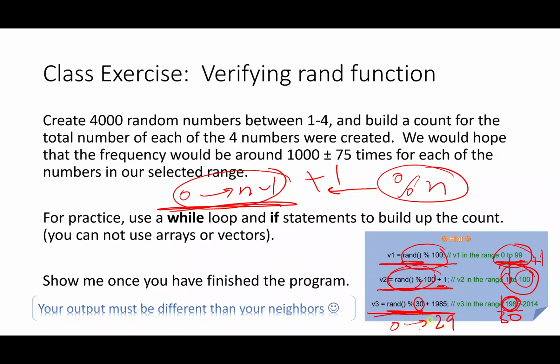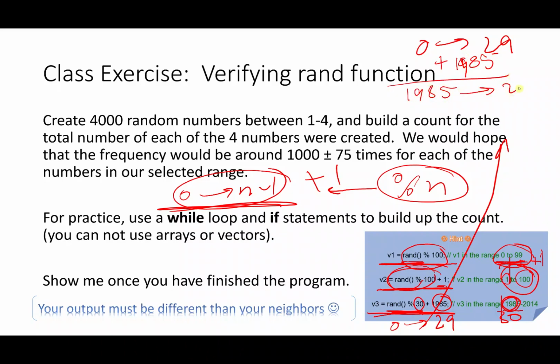So 0 to 29, after adding 1985, gives you 1985 to 2014. Right?